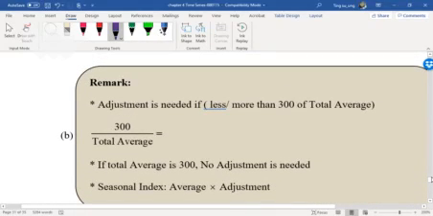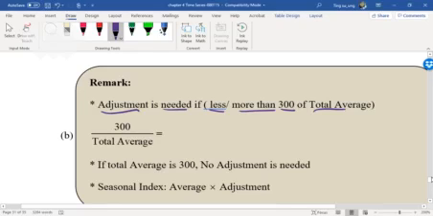Adjustment is needed if your total average is less or more than 300, because this is 3 quarters, so the perfect answer will be 300, because all the answers here are in percentage, right? So if 3 quarters, 300 is the perfect answer. If 4 quarters, 400. If 5 quarters, 500. If 7 quarters, 700.